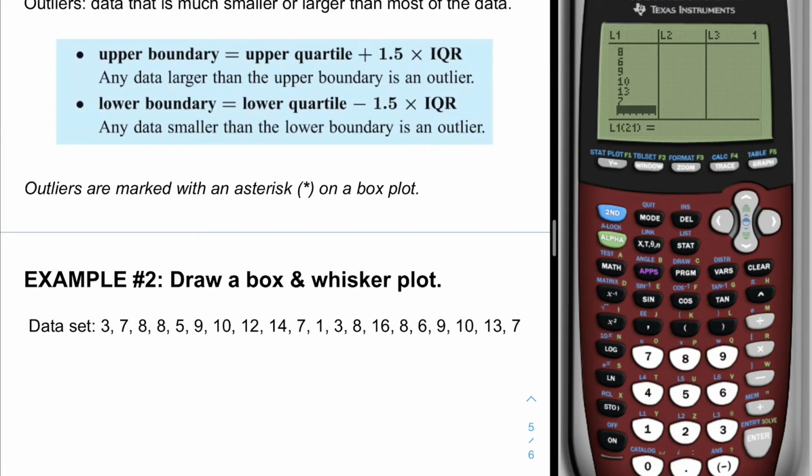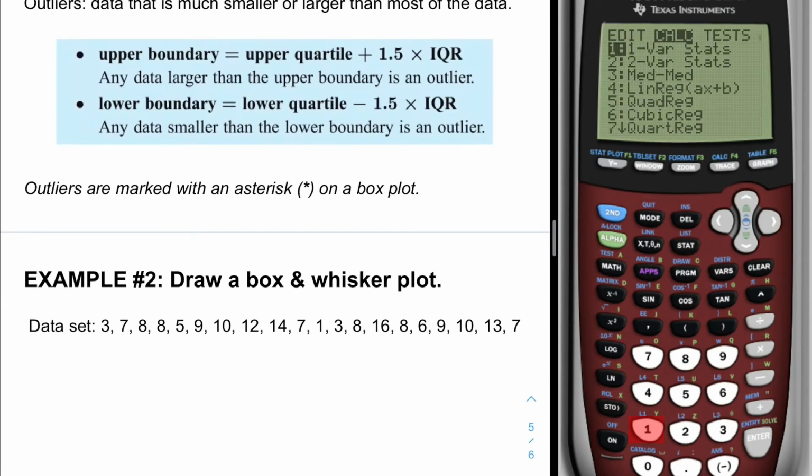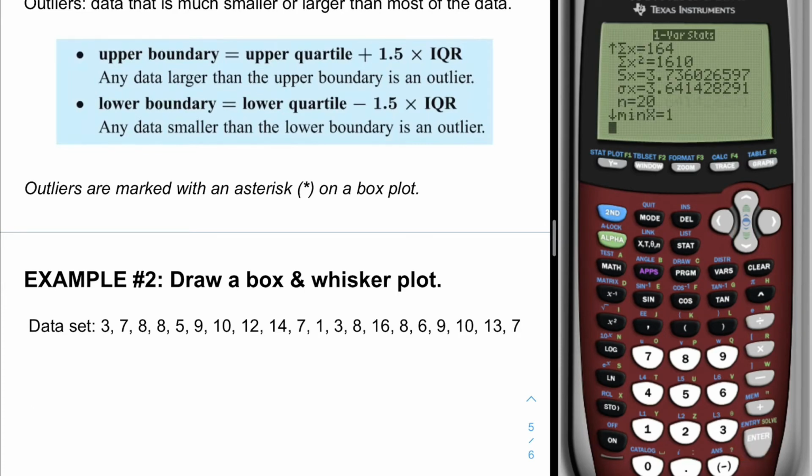Let me make sure I have 20. Okay, I have my 20 numbers typed in. Then I'm going to press stat, go over to calc 1, no frequency list, and scroll down to all of my information. Remember, we need to find the lower and the upper bounds first.